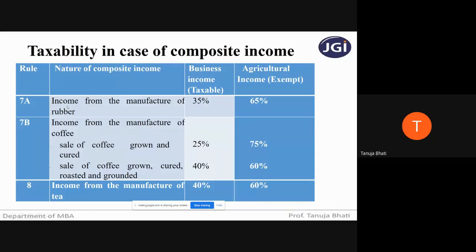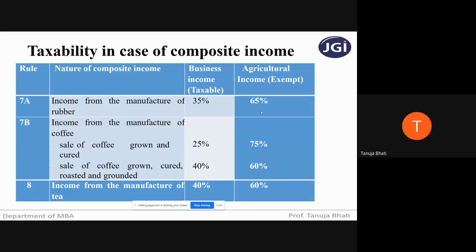Suppose any person is earning income from the manufacture of rubber. I'm talking about manufacture of rubber, not trading of rubber. Manufacturing means where he's creating that rubber. If he's earning any income from the business of manufacture of rubber, then 35% of that will be treated as business income and taxable under the head profits and gains from business or profession, and 65% of that income will be treated as agricultural income, and you have to exempt it.